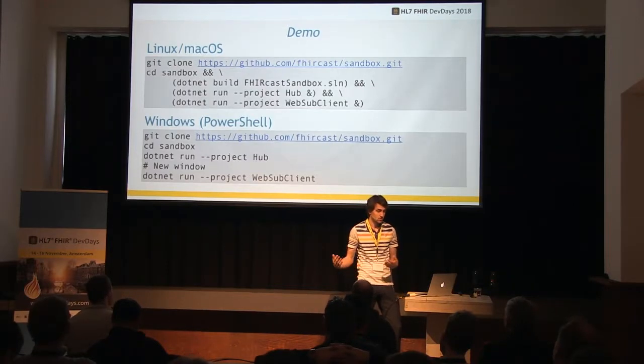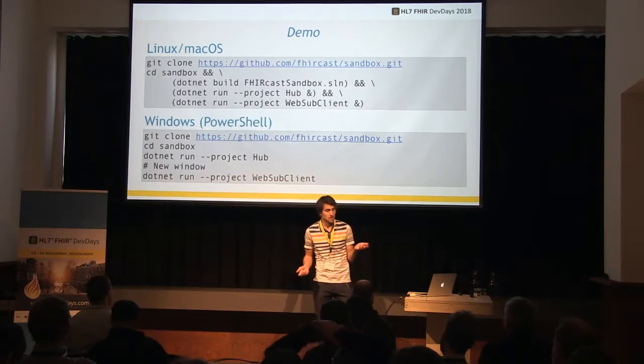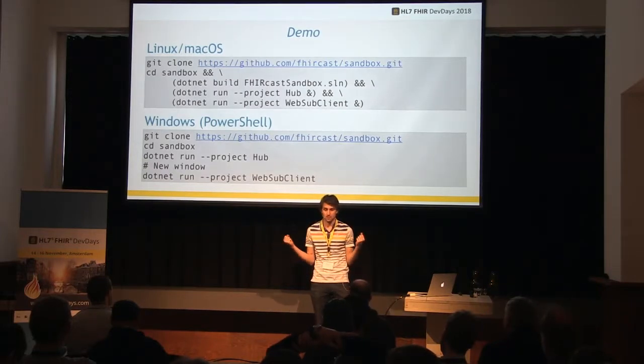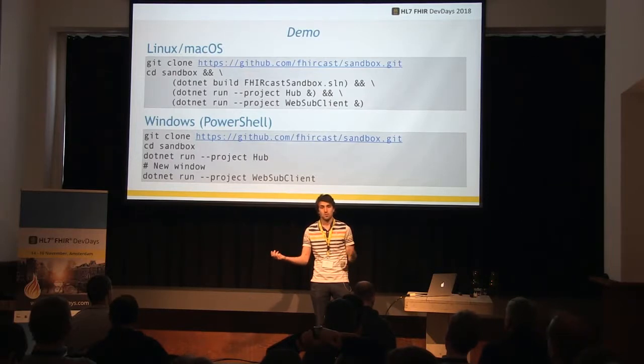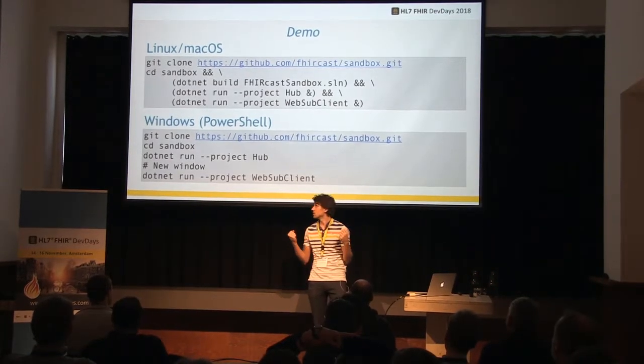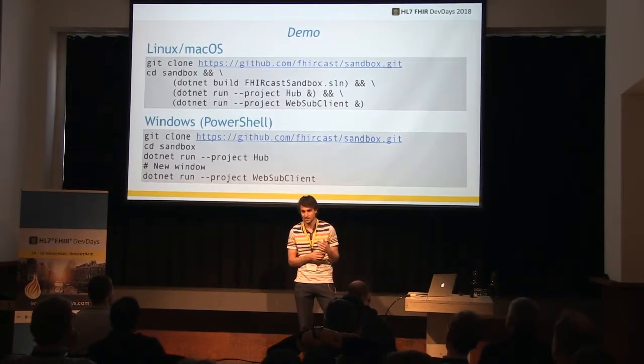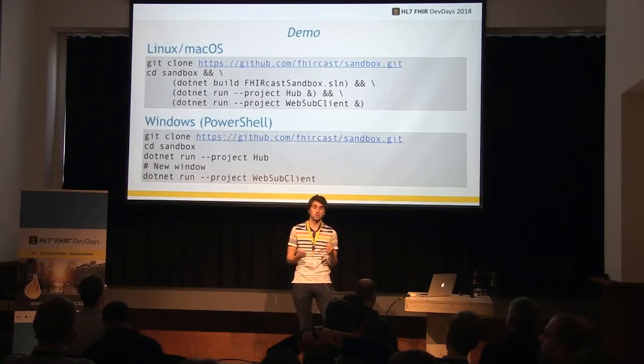You clone the repository and you use .NET in this case for just running a hub, and a WebSub client is what it's called here. And we have separated these in order for it to be clear that the hub is according to the specification. The WebSub client is also according to the specification in some regard, at least how it's communicating with the hub, subscriptions and notifications.